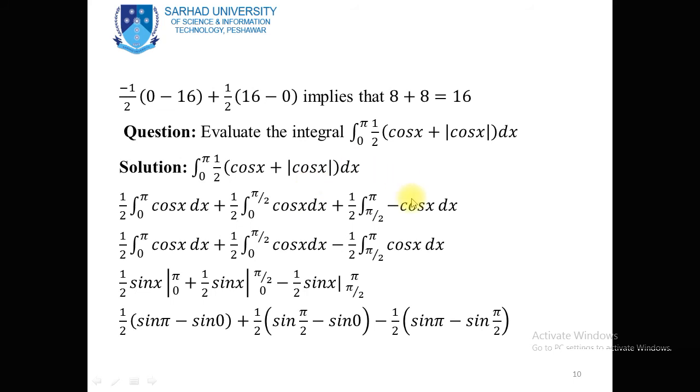One is plus cos x and the other is minus cos x. So in this case we will write the single integration in the form of two integrations, with the lower limit 0 and the upper limit pi. Now in this corner I would like to highlight this point.